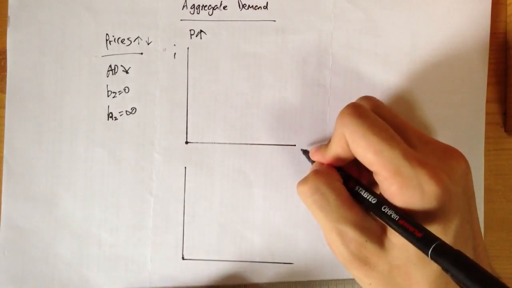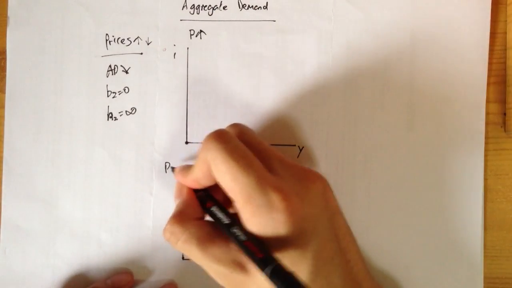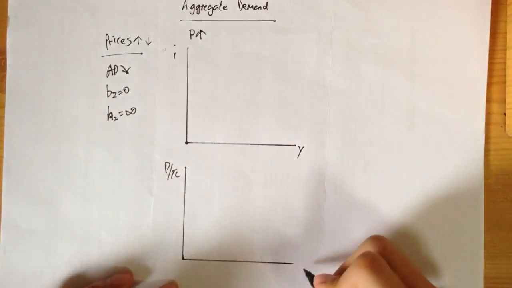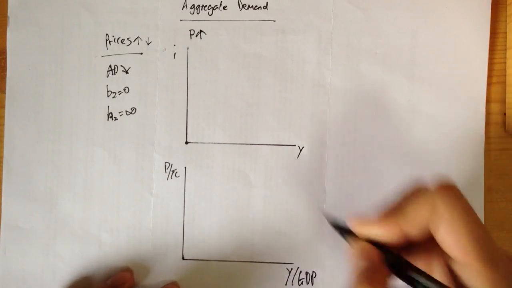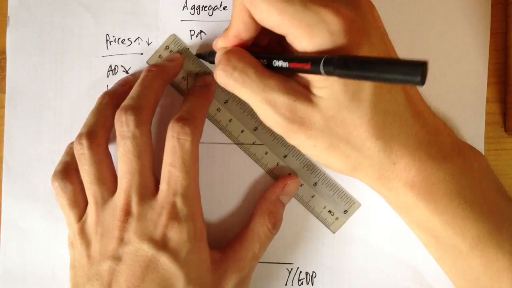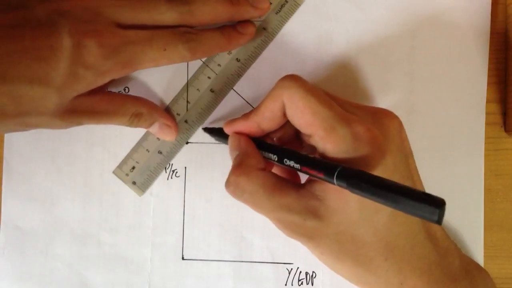Here you have interest rate and output, and below, your price level and your output or GDP. Have your LRAS on.